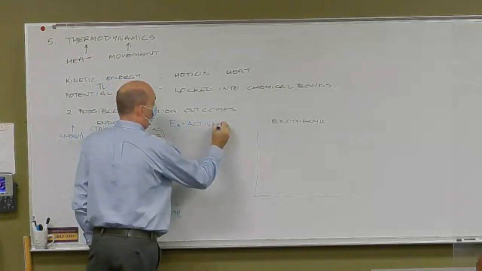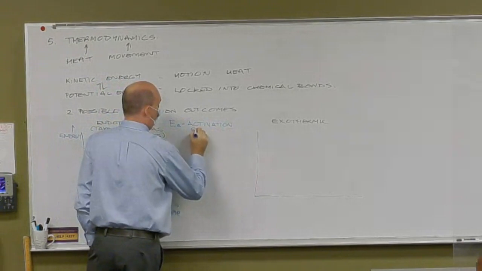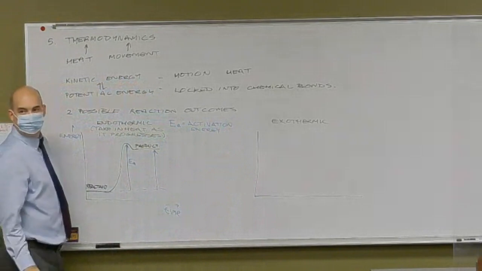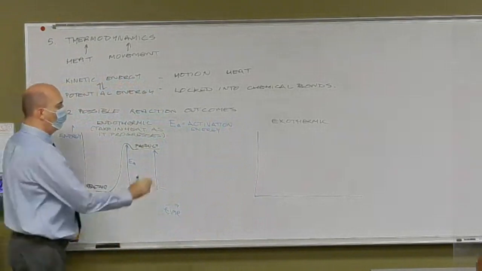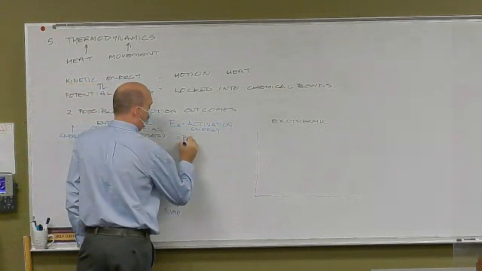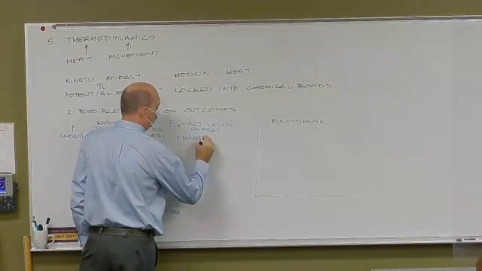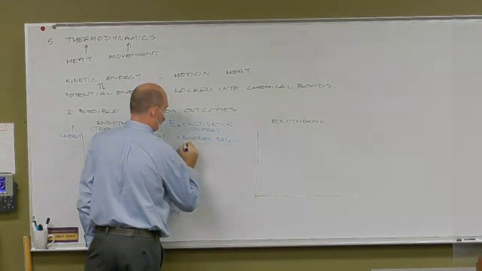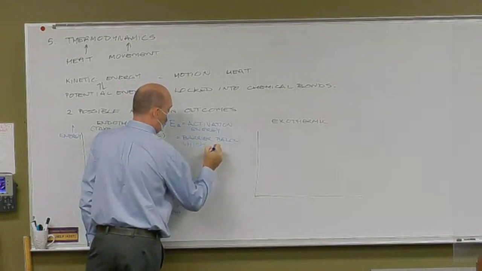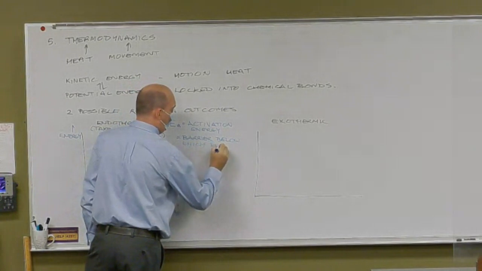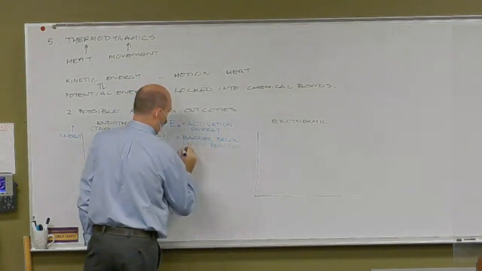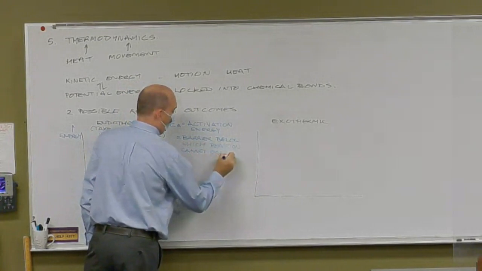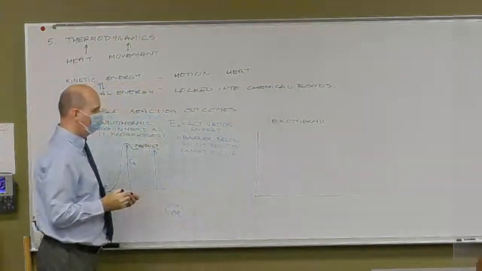EA is the activation energy. That is a barrier below which a reaction cannot occur.